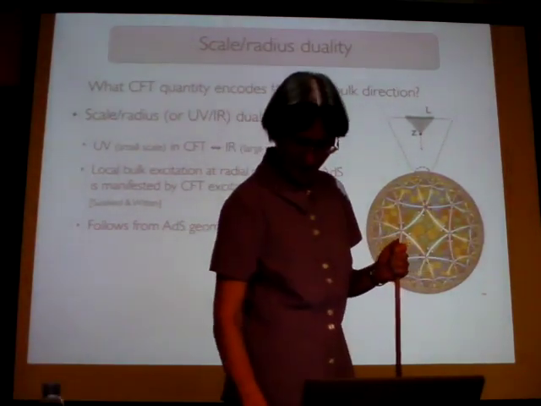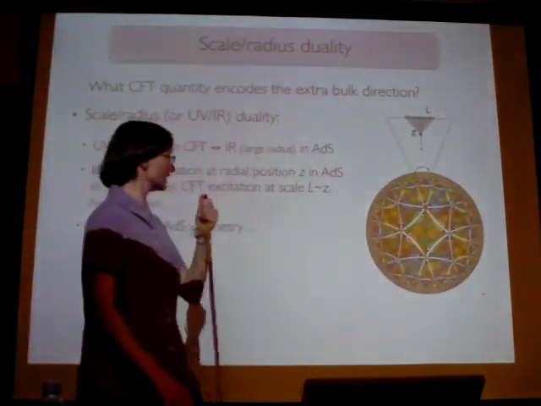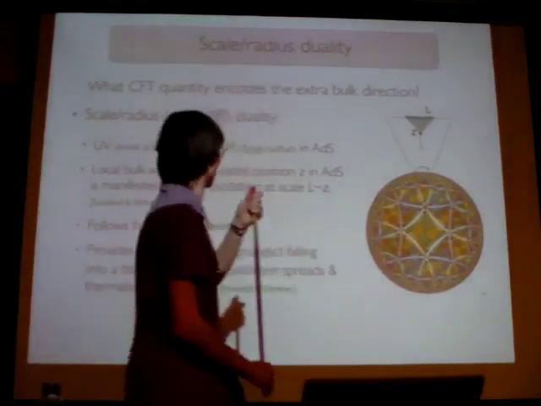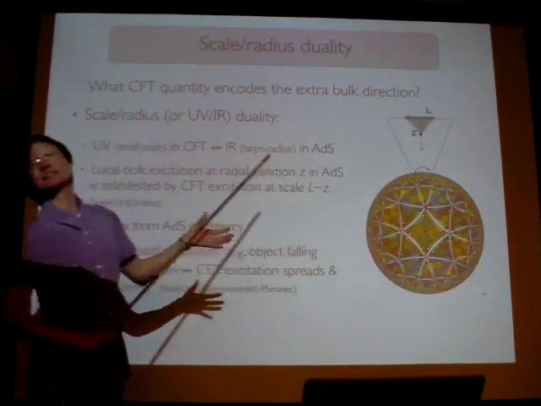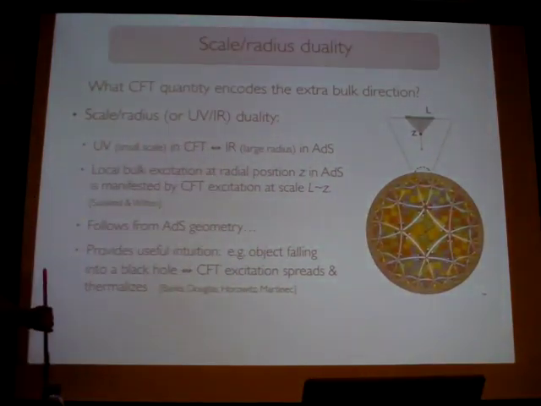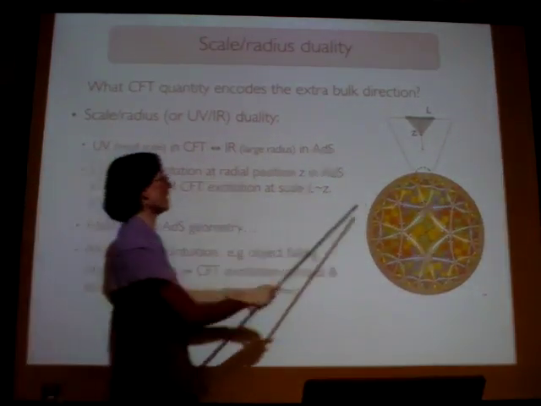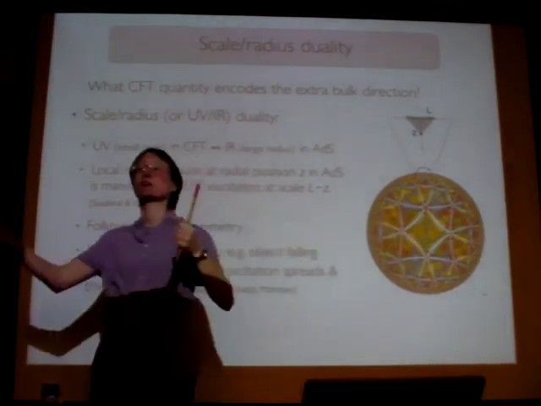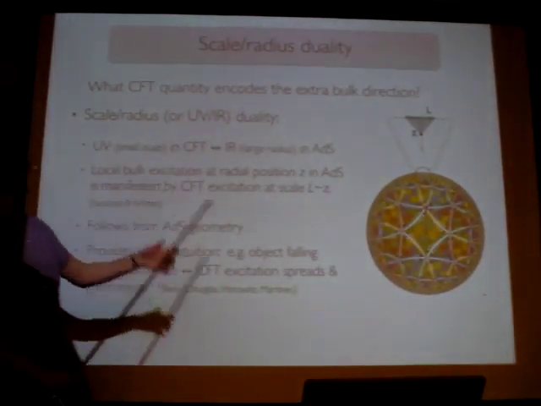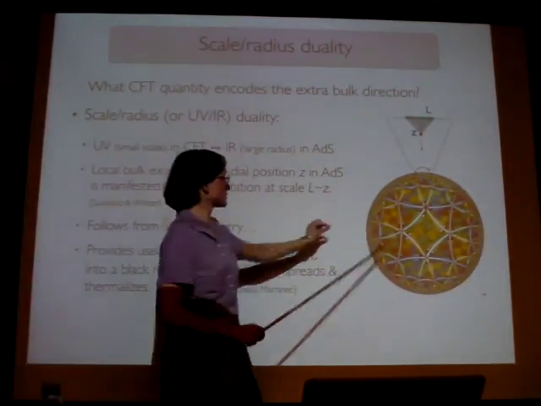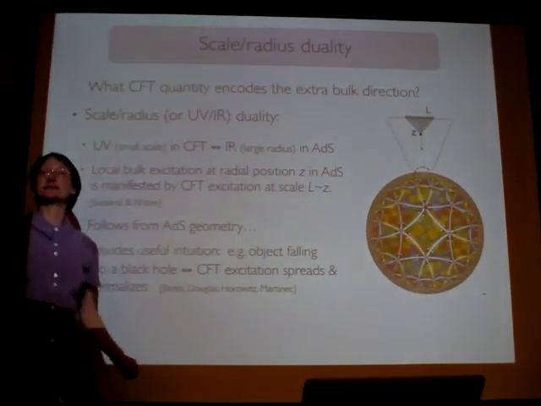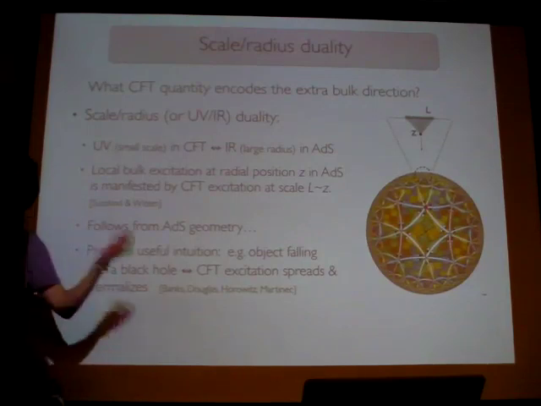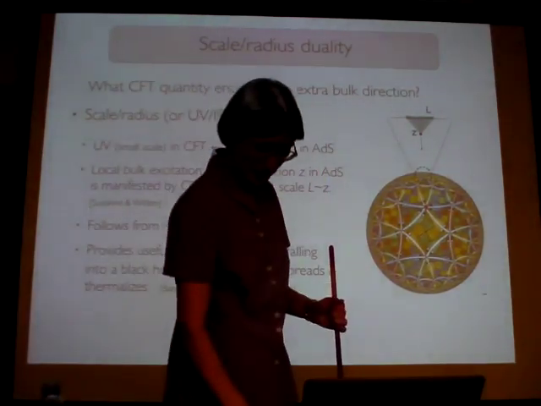So if you think of, let's not take just the boring AdS, but let's take a black hole, and that would deform the picture right here, and ask how would some particle that falls in the bulk from the boundary into a black hole, how would that look in the field theory? Well, what we would guess from this is that you start with a localized excitation that spreads and thermalizes, which is exactly what happens. It gives a very nice picture.